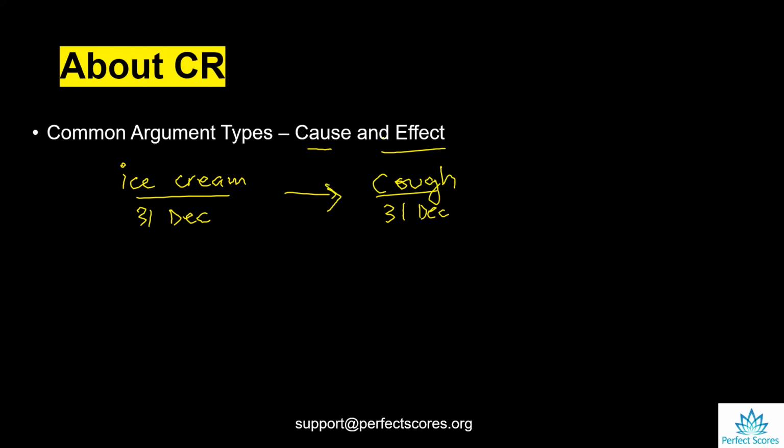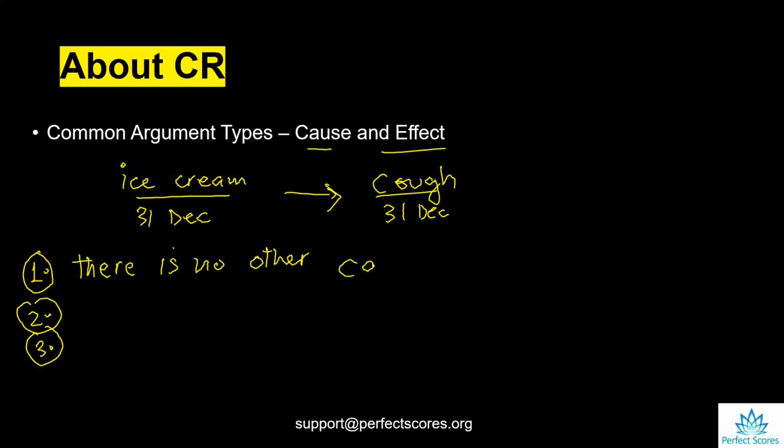So in these kinds of arguments, there are three assumptions that you need to be aware of. The first assumption that I'm making whenever I'm concluding this causal relationship is that there is no other cause. And this is the only cause that leads to cough.